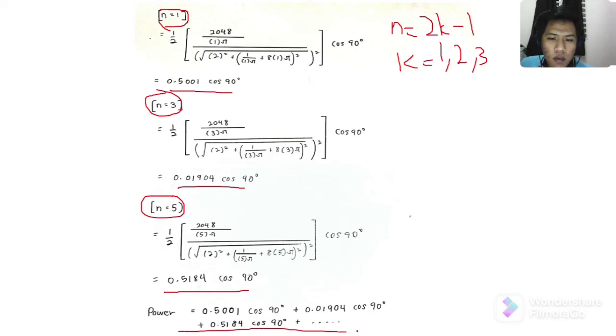So the overall power is 0.5001 cos 90 degree plus 0.01904 cos 90 degree plus 0.5184 cos 90 degree, and so on. So that's all for the presentation to get the power of our circuit design. Thank you.